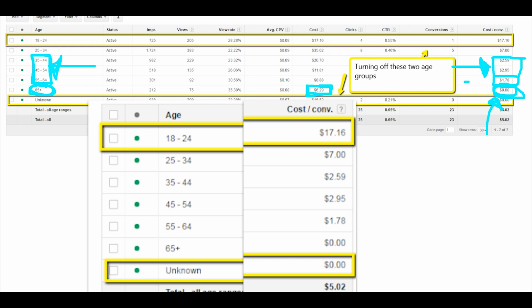And what's interesting about this data is that for people in their 50s or 60s, it's costing even less than $2 to get their email address. And that's why I'm hopeful that people 65 and older will be a good marketing segment for my product, and why I haven't decided to turn that off. I'm just turning off 18 to 24 and unknown.